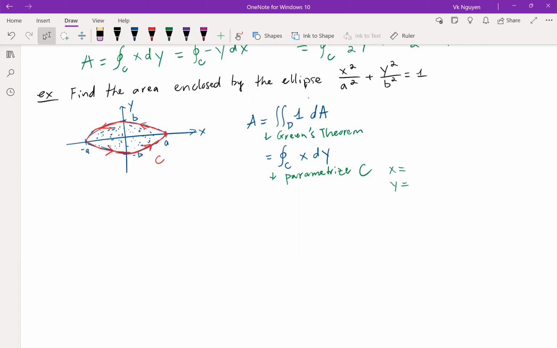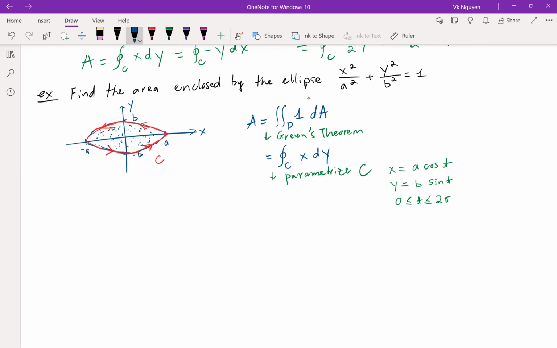The parameterization is pretty similar to how you parameterize the circle. So it would be a cosine t, b sine t, 0 less than or equal to t less than or equal to 2 pi, because we go the entire cycle.